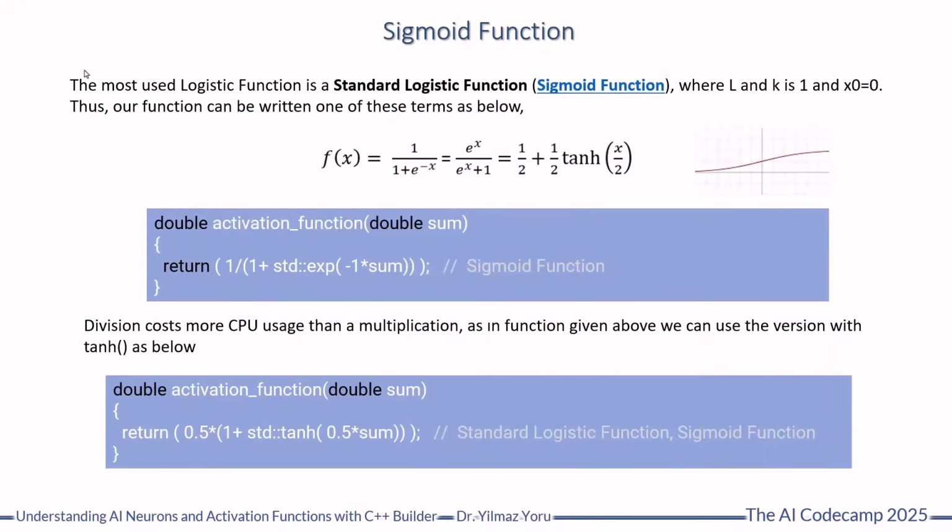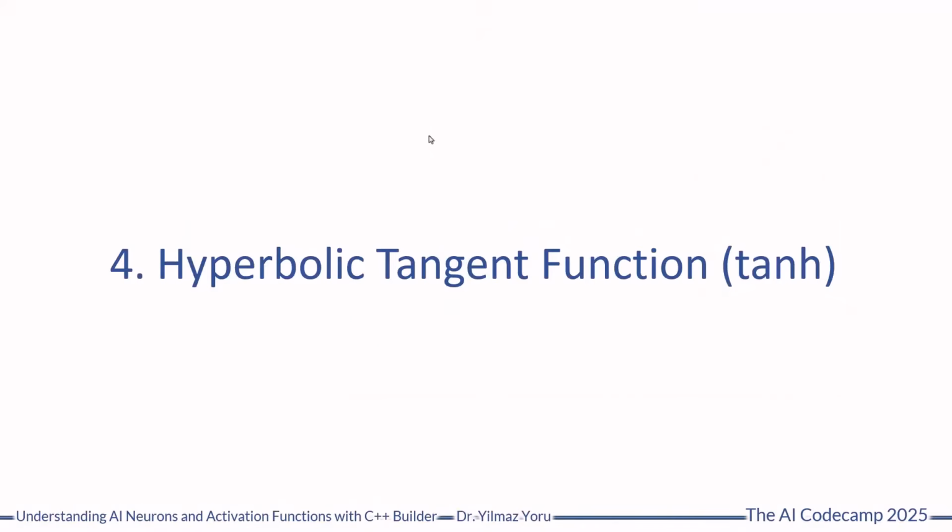It is the standard logistic function where L and k are 1 and x0 is 0. So we can write the sigmoid function as below, or we can use the hyperbolic tangent as below in C++ examples. The fourth one is the hyperbolic tangent function.